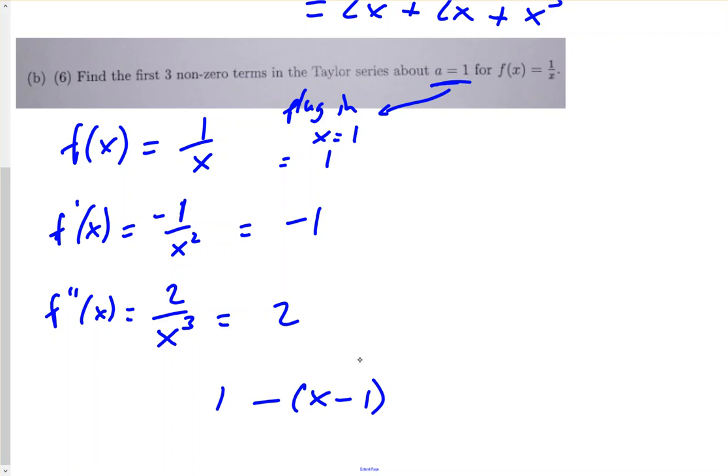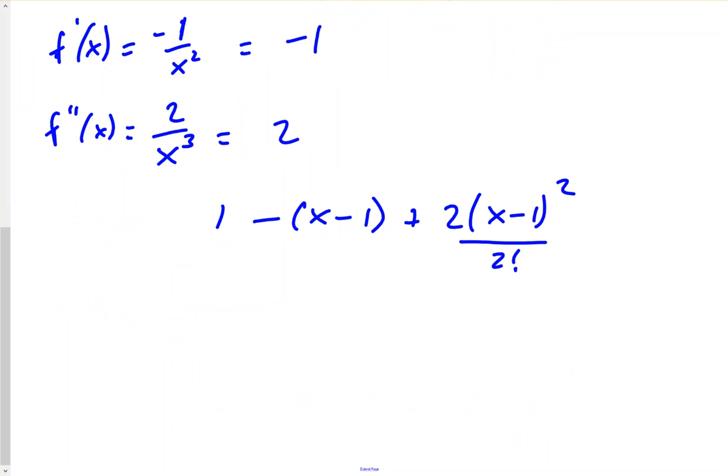Next will be a positive 2, so plus 2, and then x minus 1 squared over 2 factorial. And so we could simplify again between the 2 and the 2 factorial.